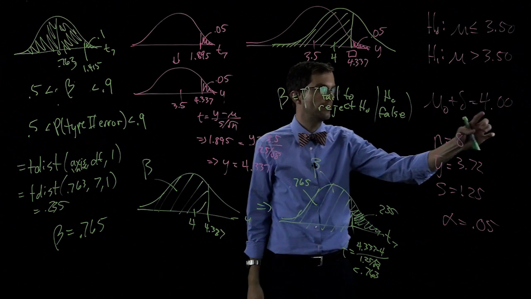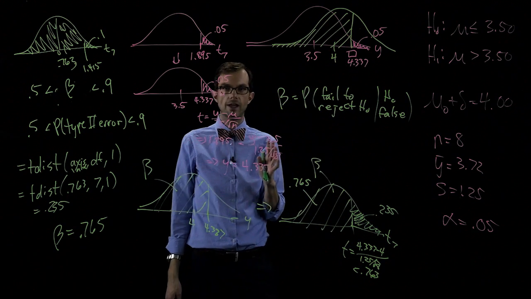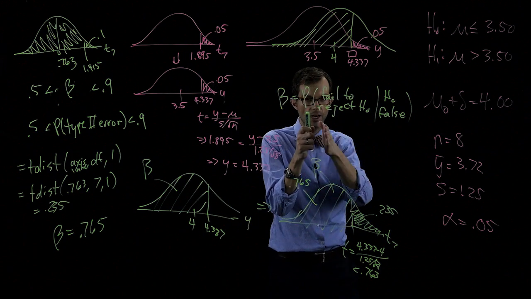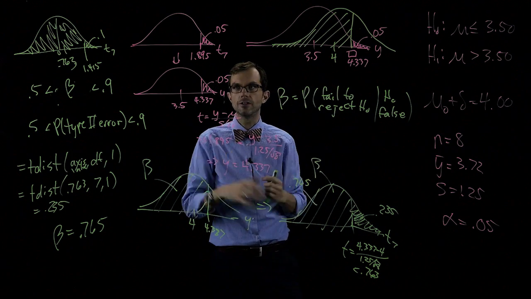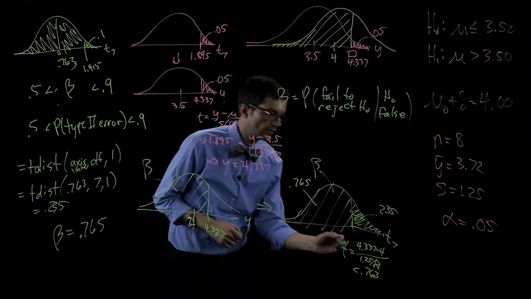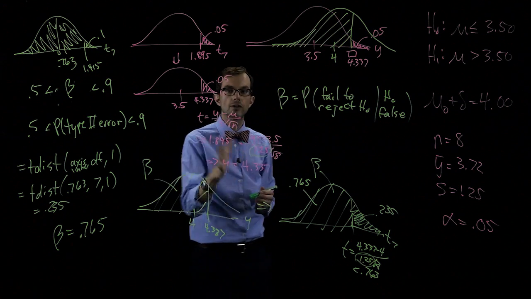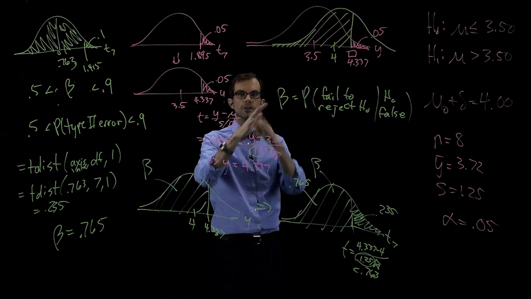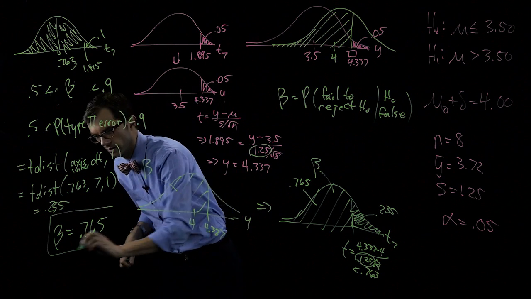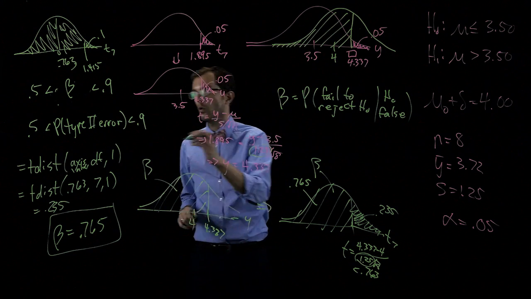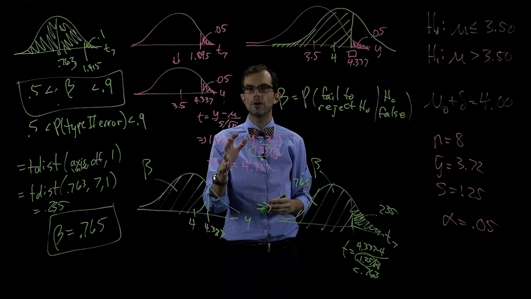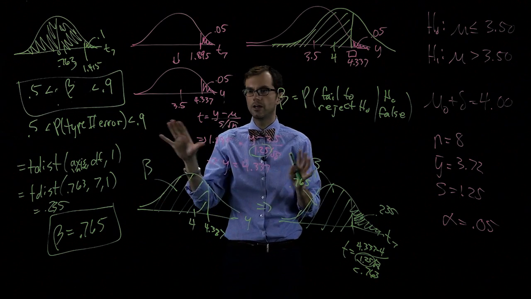We have to have this in order to calculate beta. And we're assuming that only the mean changes, not the standard deviation. We assumed the standard deviation here is the same as the standard deviation here. Only the location on the axis changes, not the dispersion. That allows us to calculate this value of beta, or this set of bounds for beta. We'll do another example to try to reinforce these ideas.